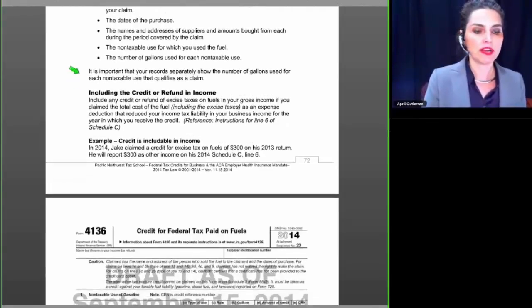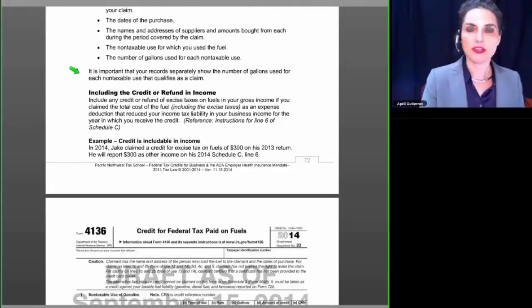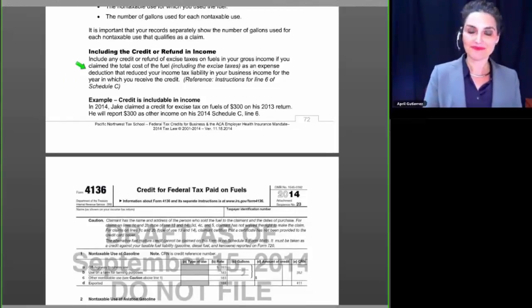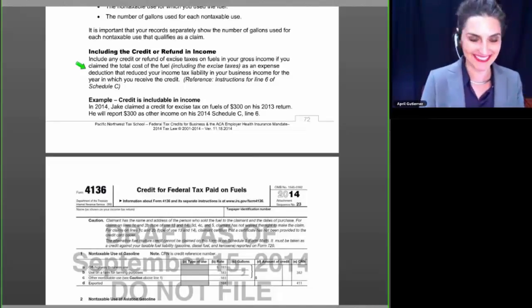It is important that your records separately show the number of gallons used for each non-taxable use that qualifies as a claim. And then, after you have claimed the credit, you're going to have to include any refund that you receive in income the next year.